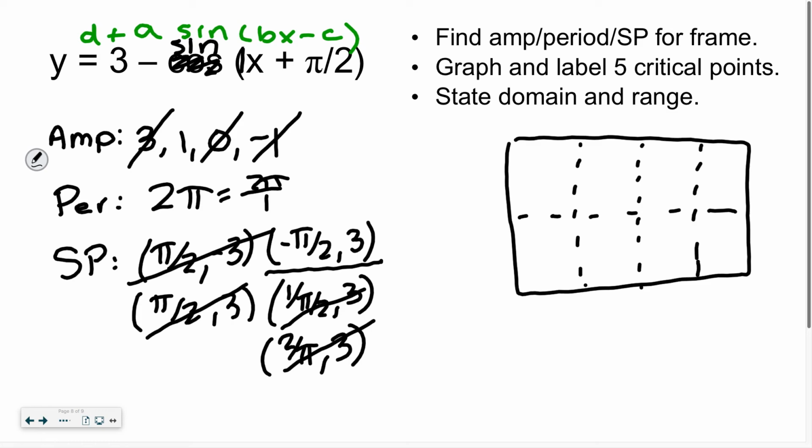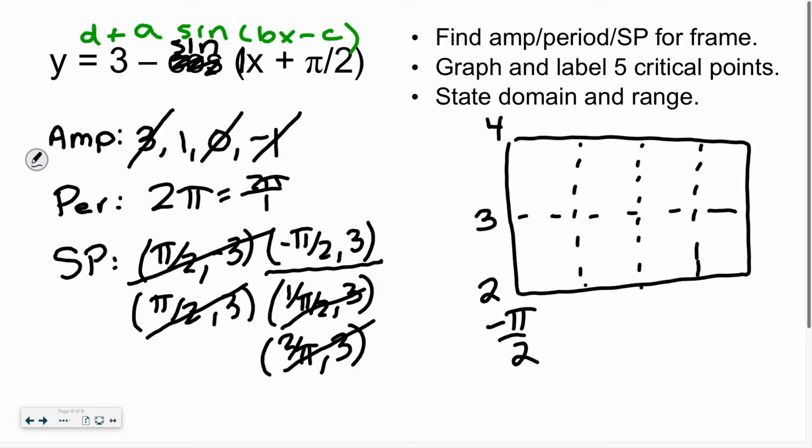Okay, I'm going to put my starting point up. So the y coordinate of my starting point is 3, and the x coordinate of my starting point is negative pi halves. Using my amplitude of positive 1, don't I just add that to 3? So my max is at 4 and subtract that from 3, so my minimum is at 2.